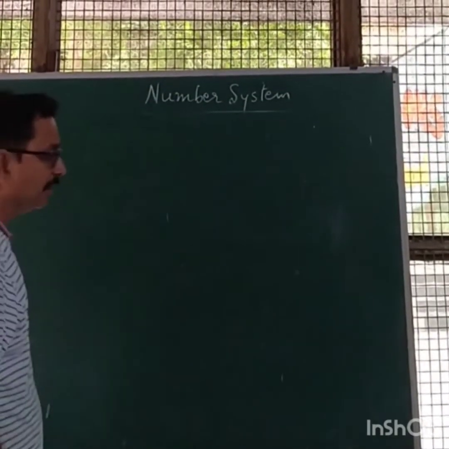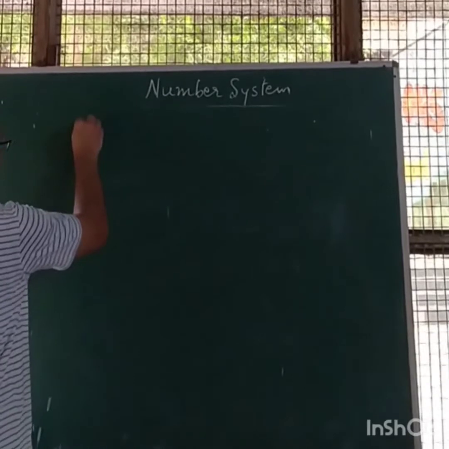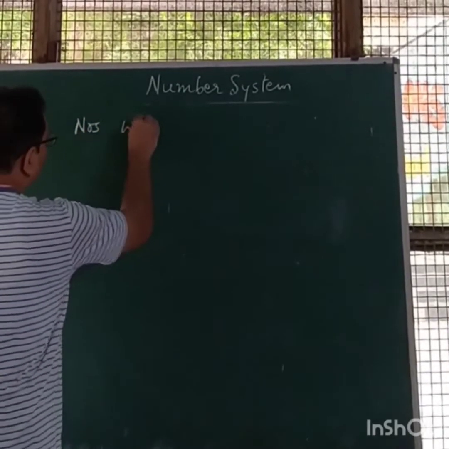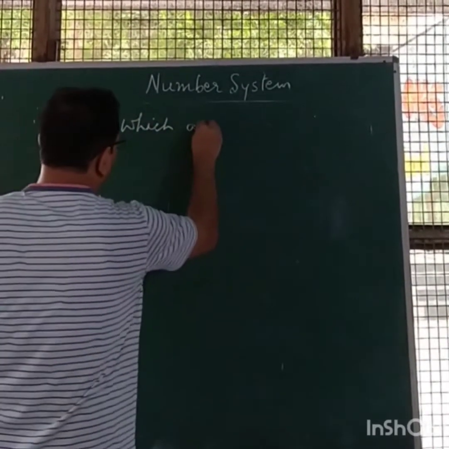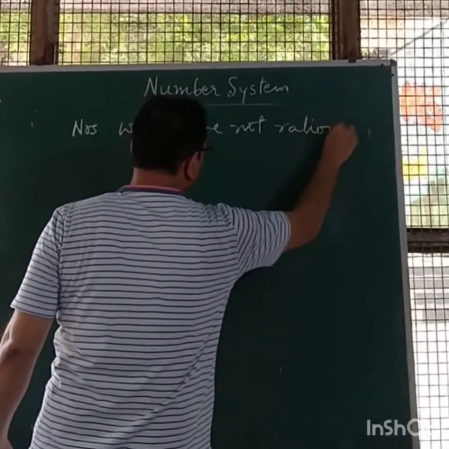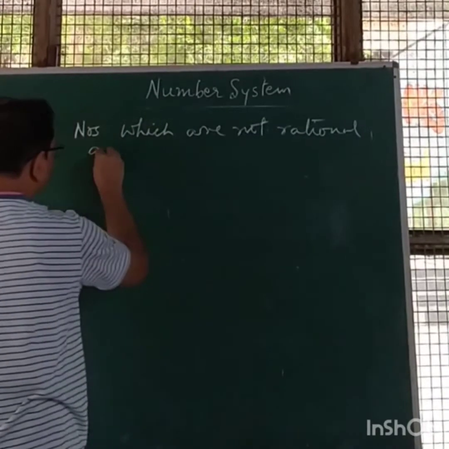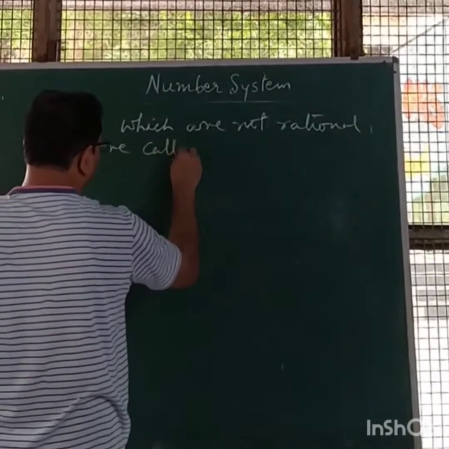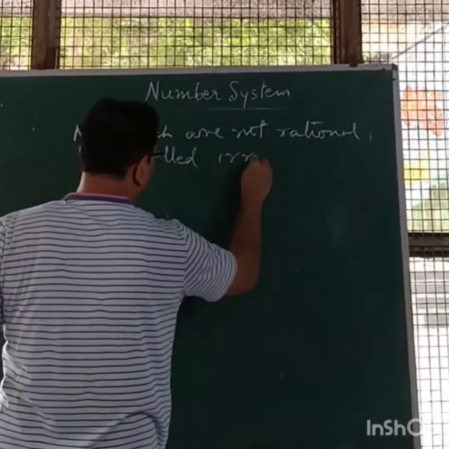Numbers which are not rational are called irrational numbers.